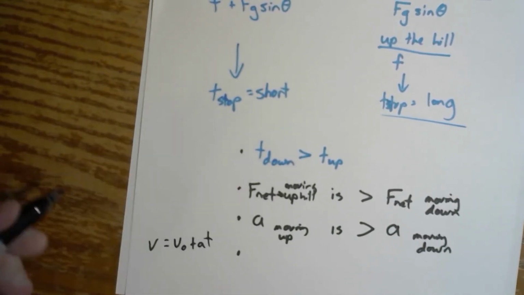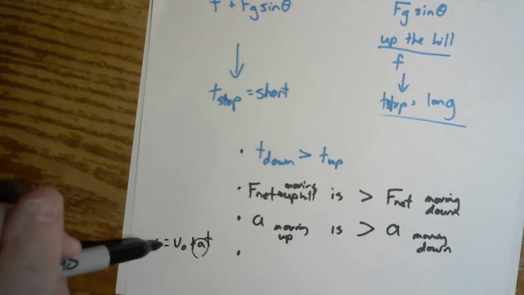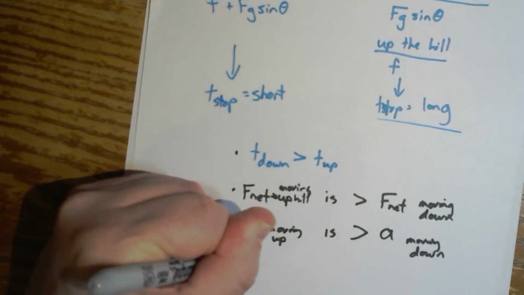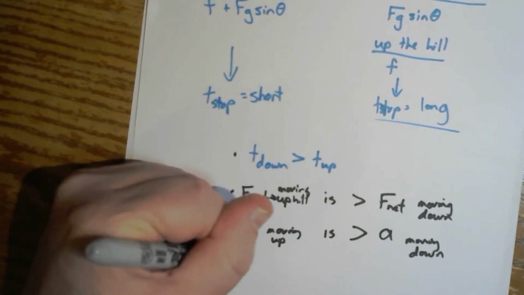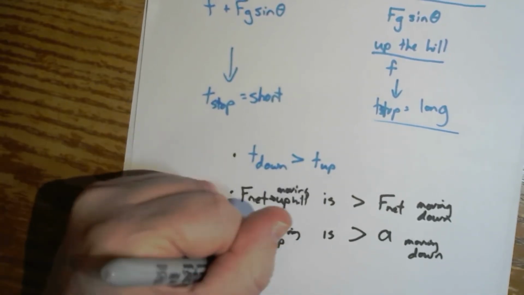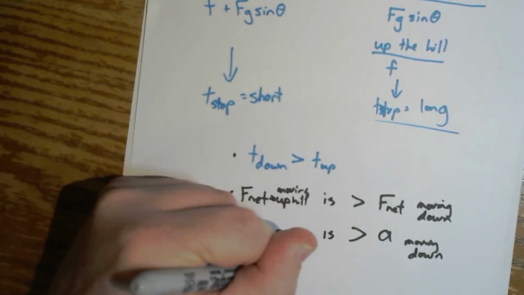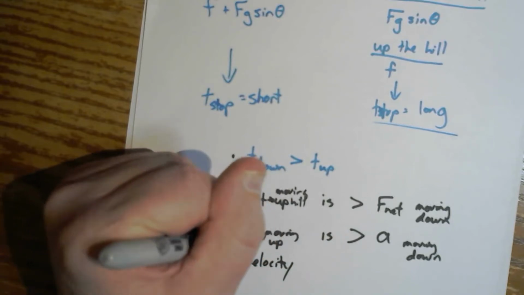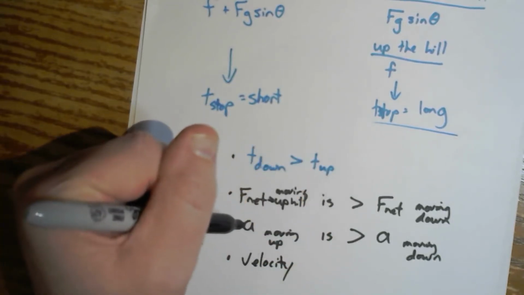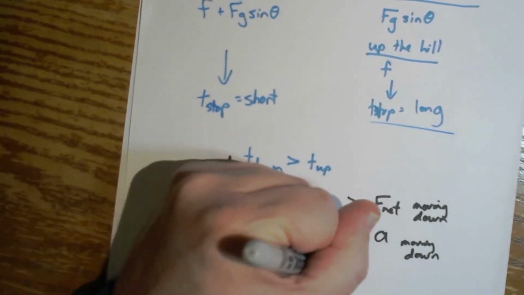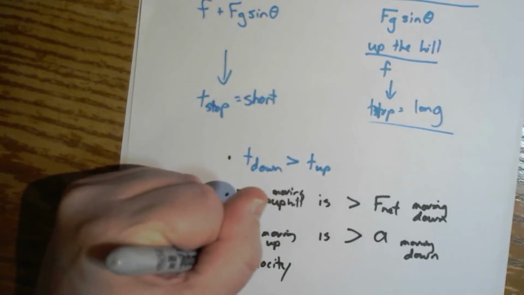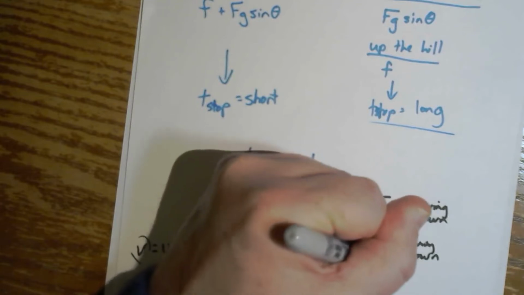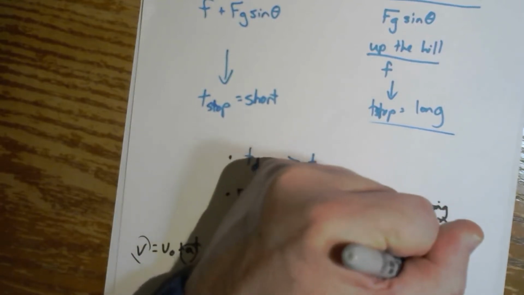The more acceleration you have, the more velocity you have. And so when you're moving up, the velocity is going to be related to this acceleration. So specifically, it's not the velocity, it's the change in velocity that is greater than the change in velocity when you're moving down.